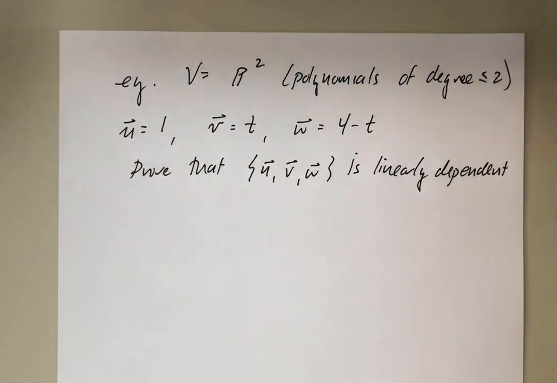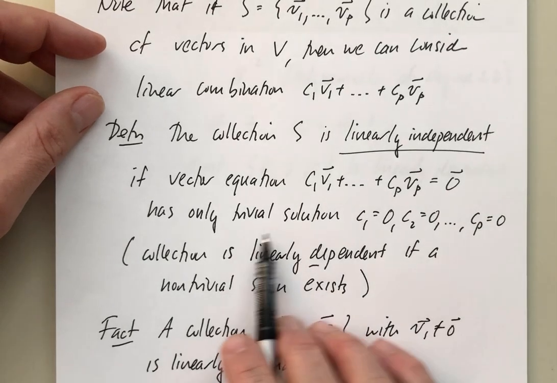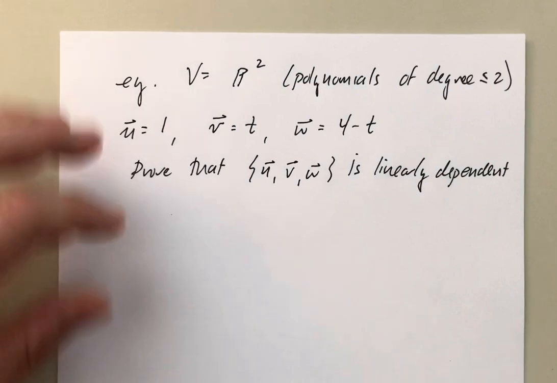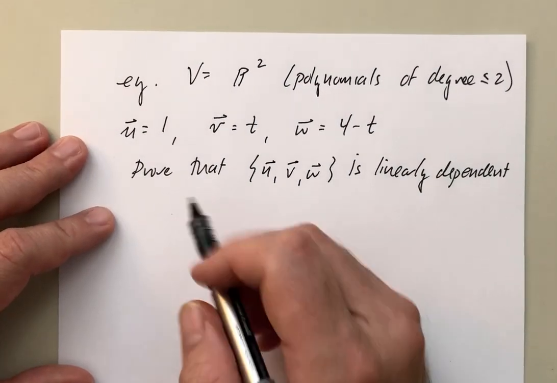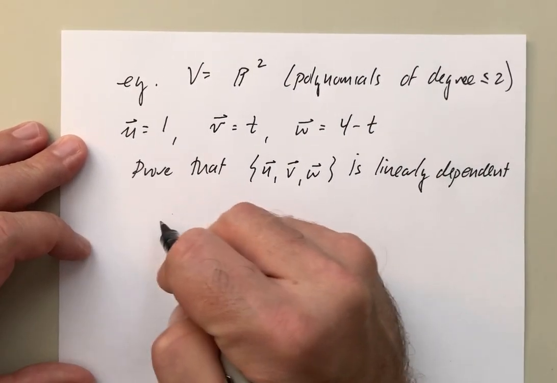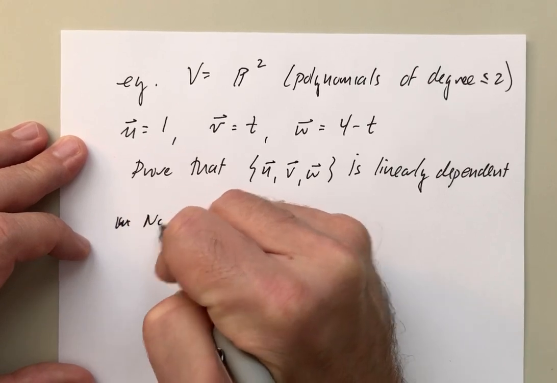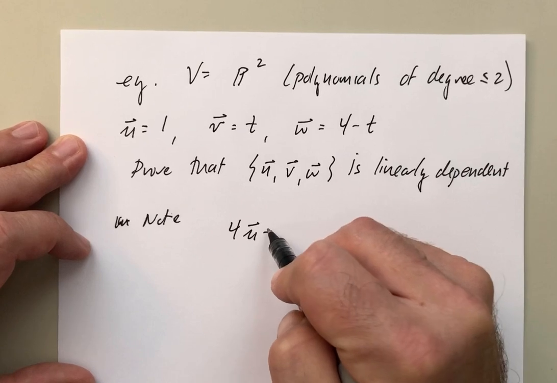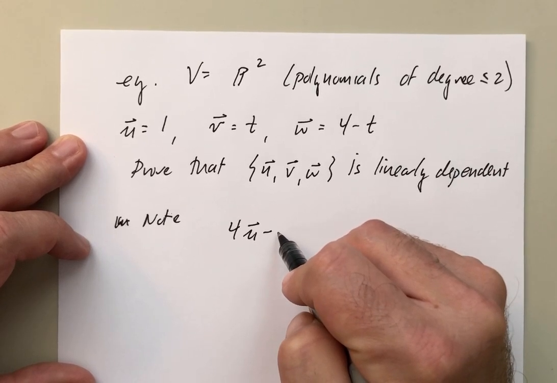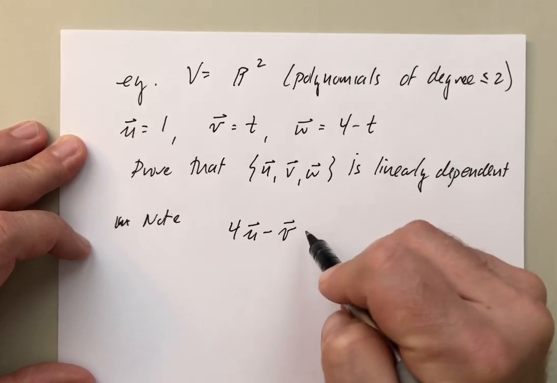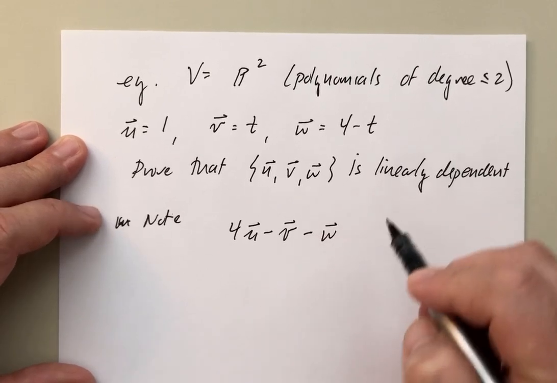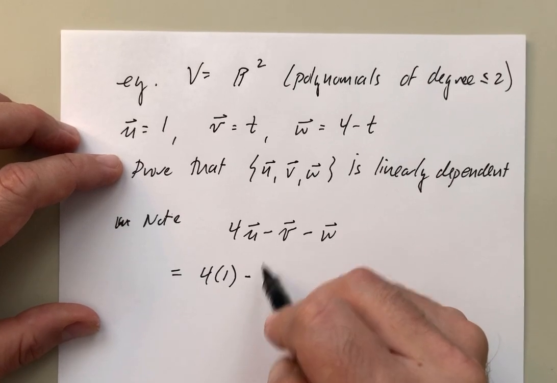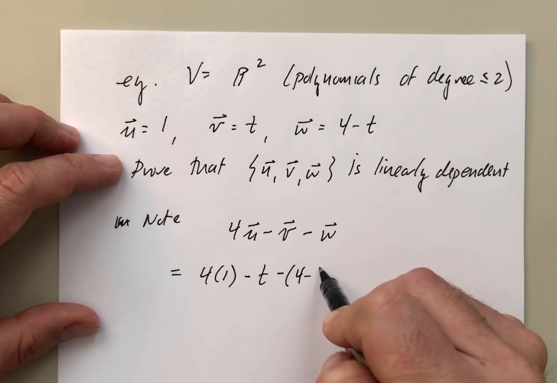So what do I have to do? So go back to the definition. I want to know, can I write the 0 vector as a non-trivial linear combination of these vectors? Well, this isn't so hard to see. So just note that if I take 4 times u plus, let's say, minus v, and then minus w, what do I get? This is 4 times 1, since u is 1, minus t, minus 4 minus t.